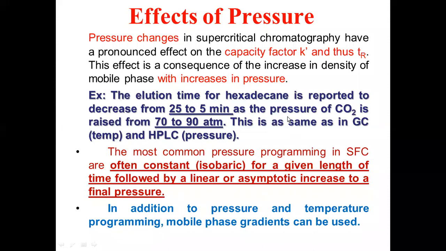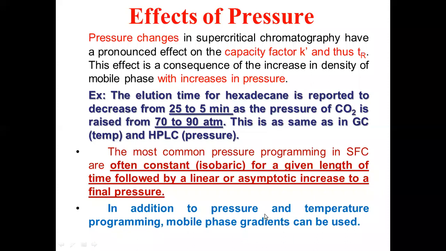So the common pressure programming in SFC will be either maintaining a constant pressure during the elution process, or increasing the pressure either linearly or asymptotically up to the final pressure during the elution process in supercritical fluid chromatographic separation.